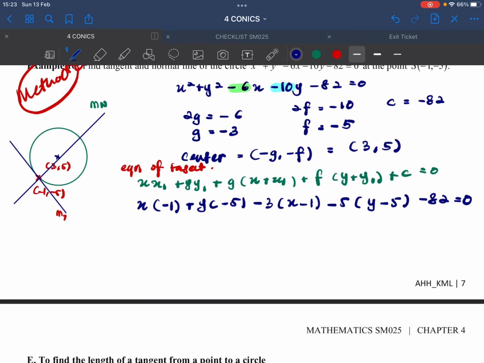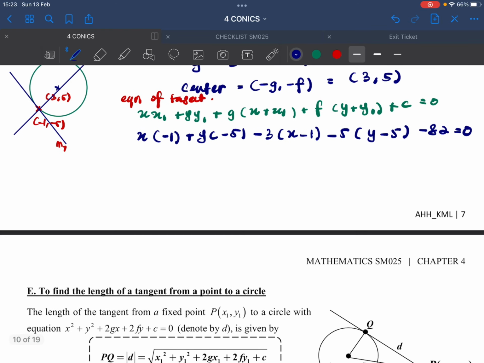Okay, so now we are going to simplify. We have -x minus 5y minus 3x plus 3 minus 5y plus 25 minus 82 equals 0. And we are going to rearrange everything.